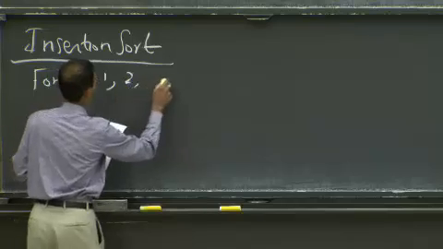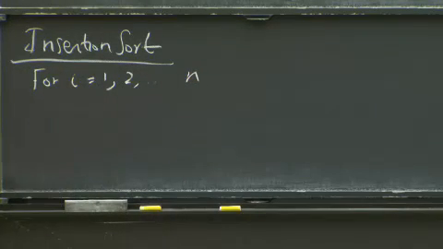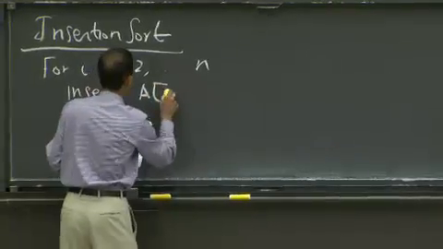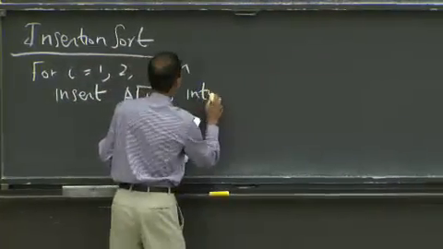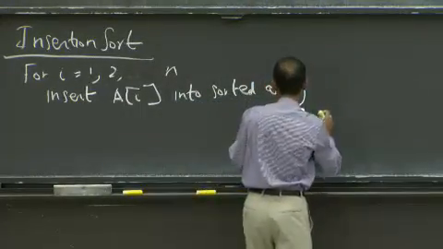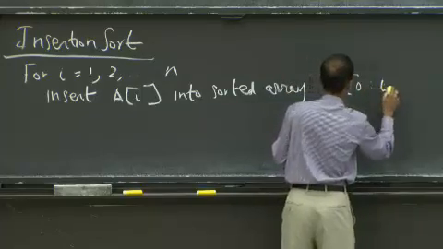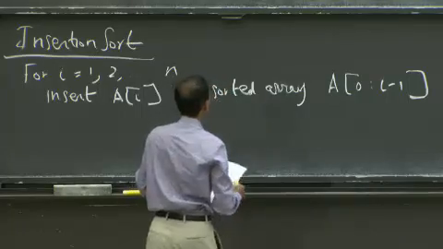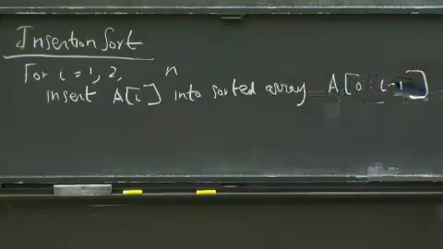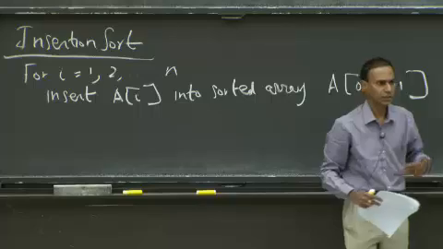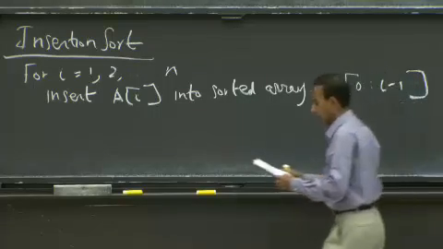For I equals 1, 2 through n, given an input to be sorted, what we're going to do is we're going to insert a of I in the right position, and we're going to assume that we are midway through the sorting process where we have sorted a 0 through I minus 1, and we're going to expand this array to have I plus 1 elements, and a of I is going to get inserted into the correct position.